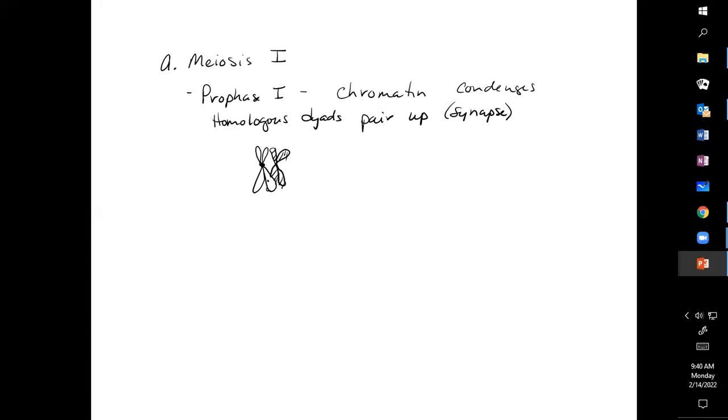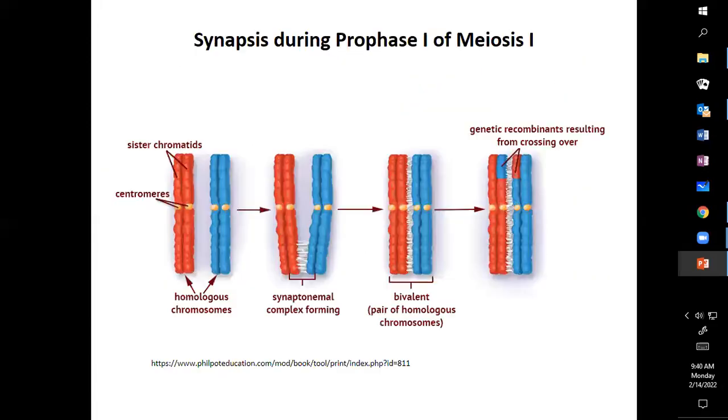And while I'm looking like an overlap here, I'm going to show you a cartoon depiction of what synapsis is more like. So here we've got our homologous chromosomes, sister chromatids held together at the centromere. Here's the homolog. They've got double the DNA content because the DNA has been replicated in S phase. Here's synapsis. So there are actually protein complexes that form in between these non-sister homologs.